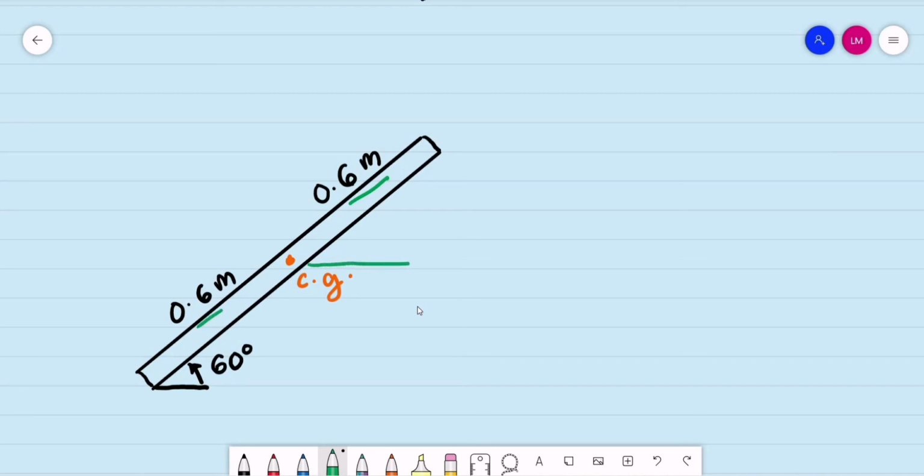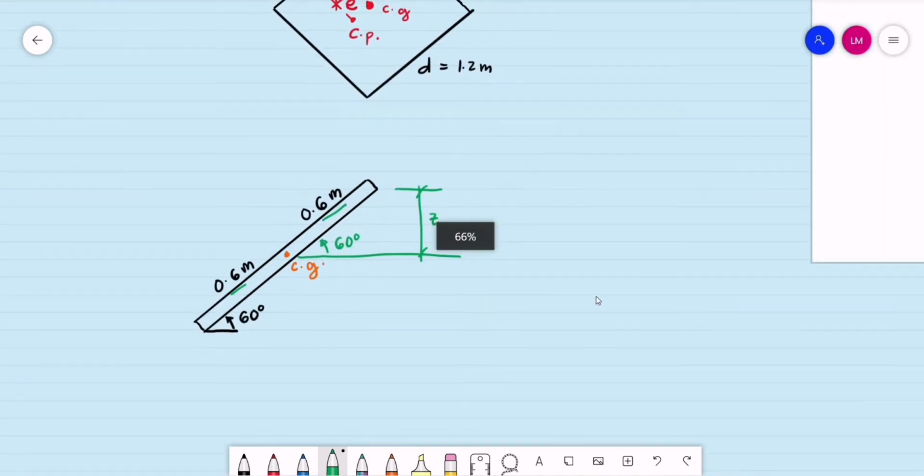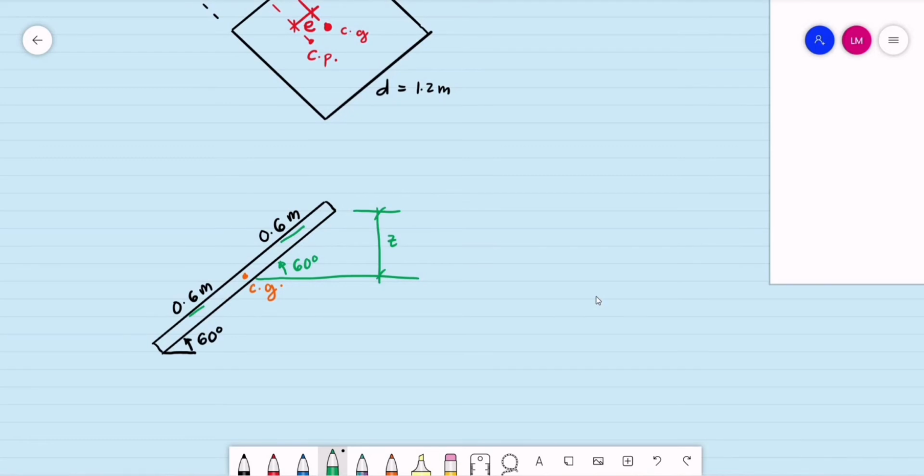So, the inclination is given ito, yung inclination ng plate is 60 degrees. Yung nilagay ko na vertical height dito is yung Z. So, therefore, ano yung function na pwede kong magamit para makuha yung value ng Z? I can use the function of sine.